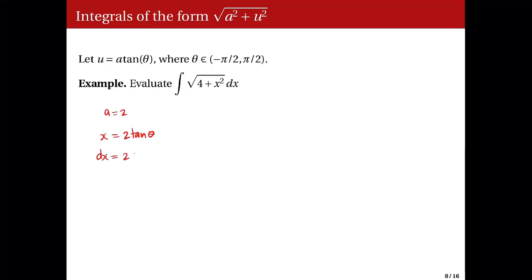Dx will be 2 secant squared theta d theta. And if we calculate square root of 4 plus x squared, this is equal to square root of 4 plus 4 tangent squared theta, we will get 2 secant theta.